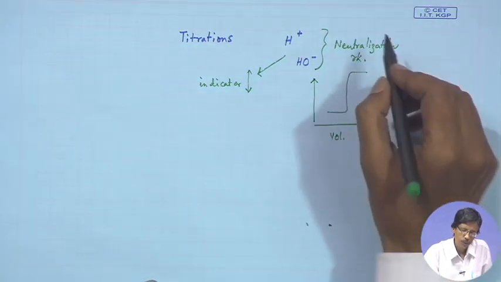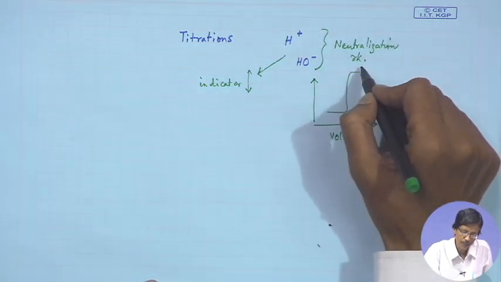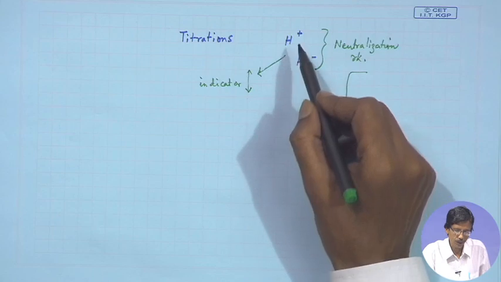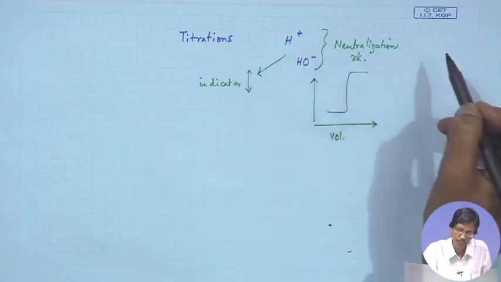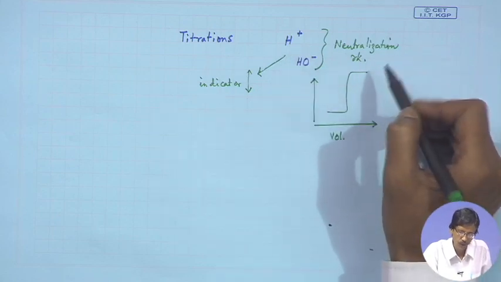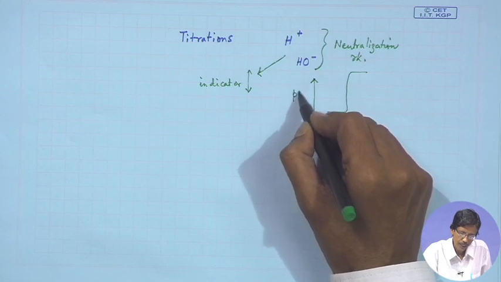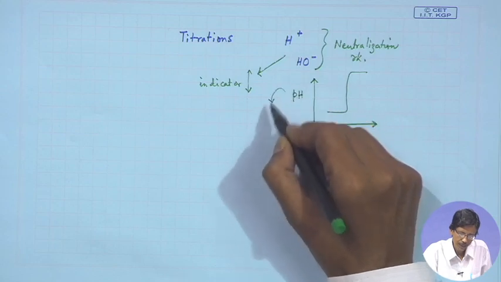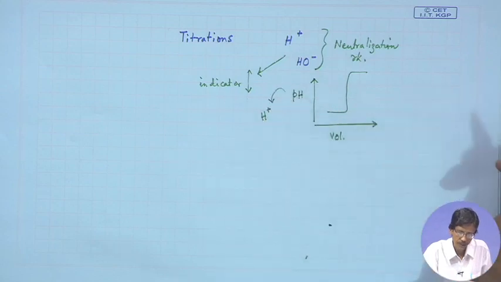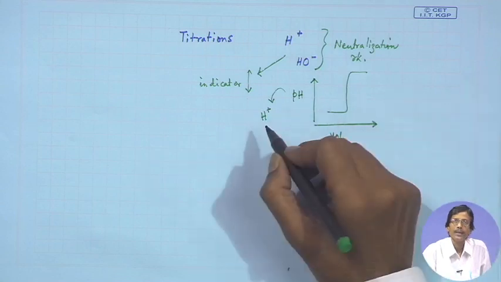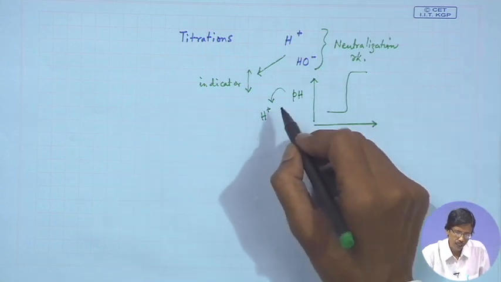So, when we consider the neutralization reaction in terms of the neutralization of the acid or the base or any carbonate or bicarbonate salt, what we see is that this particular parameter is the pH, that means the corresponding hydrogen ion concentration, and that we can monitor.